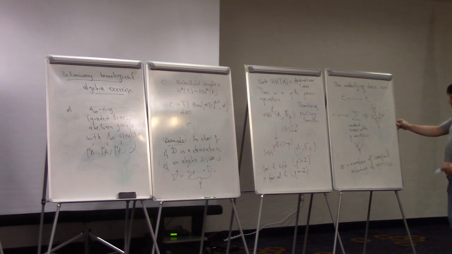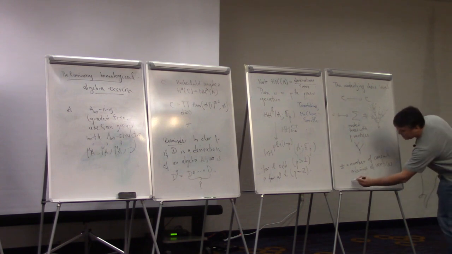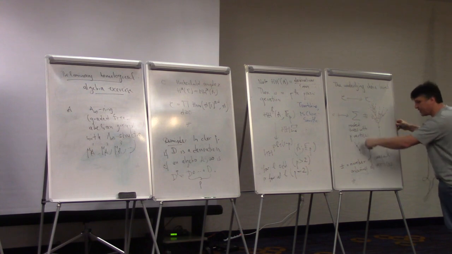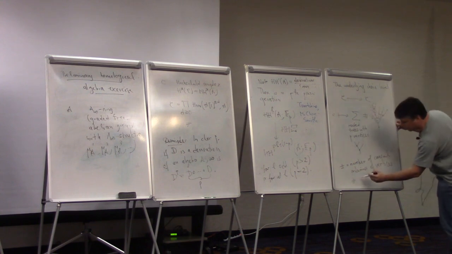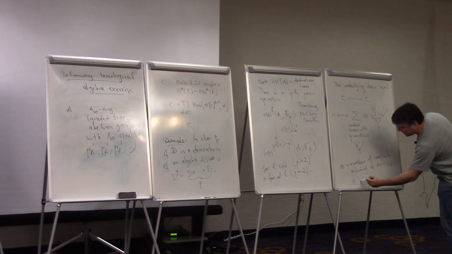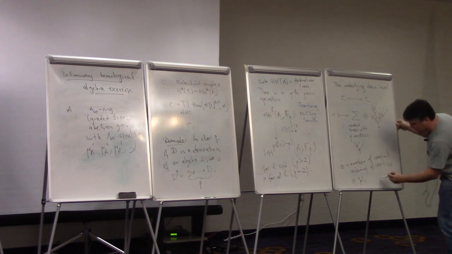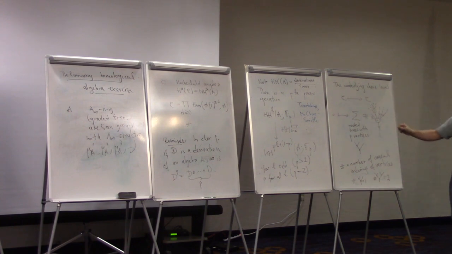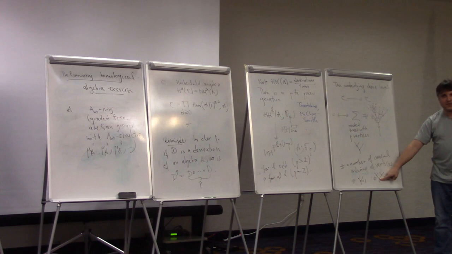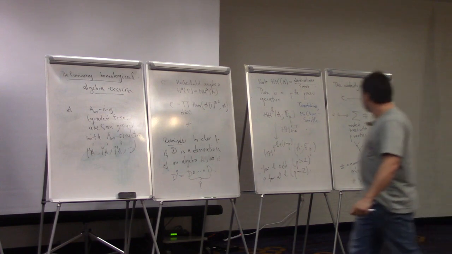You order the vertices in such a way that the order increases as you go towards the root. So this one has 1, but this one has 2, because this has to be vertex number 3, and these are vertex numbers 1 and 2, but you could also swap them. So there are 2 possible causal orderings.